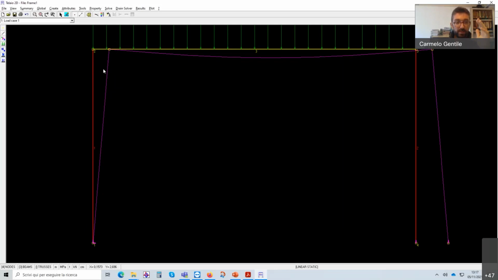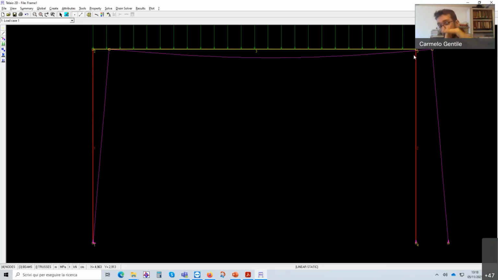And so we can simply connect the column from this point to this point, because we know that the base will not move because we have a hinged section, whereas the second one we have here a rotation for the same reason, because we have a horizontal deformation, so a rotation of the beam, so we have a vertical rotation of the column, because this angle has to be the same.